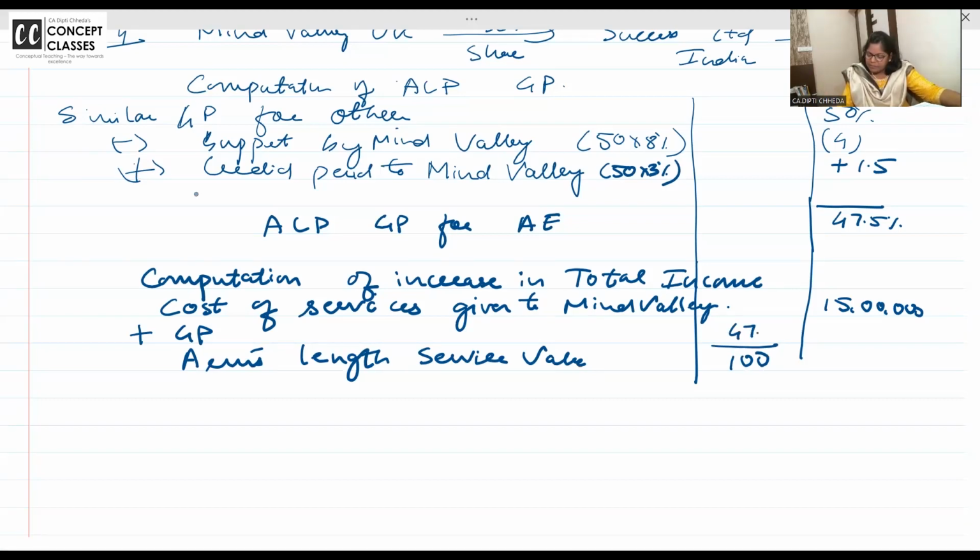So ideal GP is 47.5. So cost कितना होगा? 52.5. Now 52.5 is 15 lakhs.